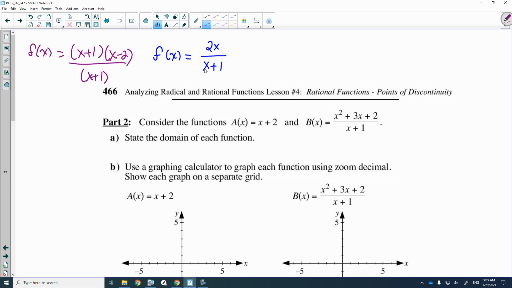If I have a factor of x plus 1 in the denominator, there's no x plus 1 in the numerator. No common factor. If there's no common factor, your graph is going to have a VA at, and we did this one in the last lesson, there's going to be a VA at x is equal to -1.